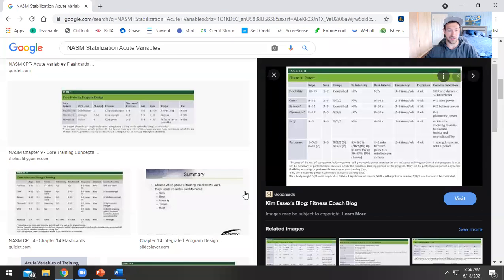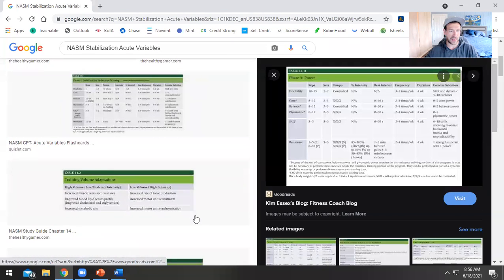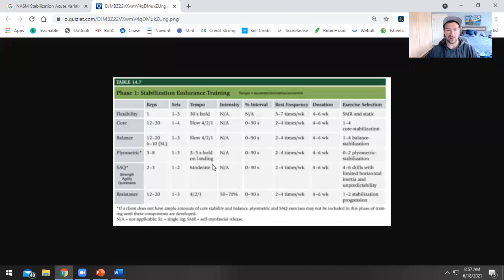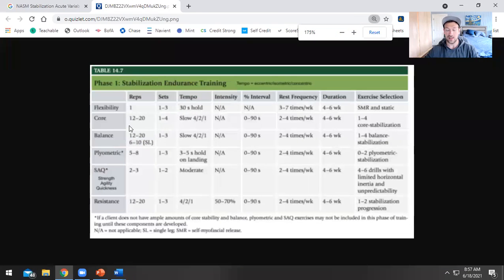That table is going to look different than, let's say, if I open the stabilization table. The stabilization table is not 8 to 12 reps, it's 12 to 20 reps. But it's also not 2 to 3 sets, it's 1, maybe up to 4 sets.